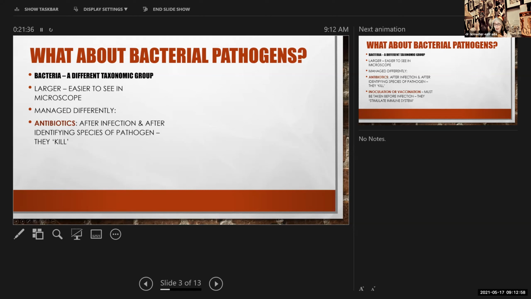So it has to be managed differently. So antibiotics, you take them after you know you're infected and after you identify what species of pathogen. So antibiotics actually are trying to kill that invading species from the exterior.